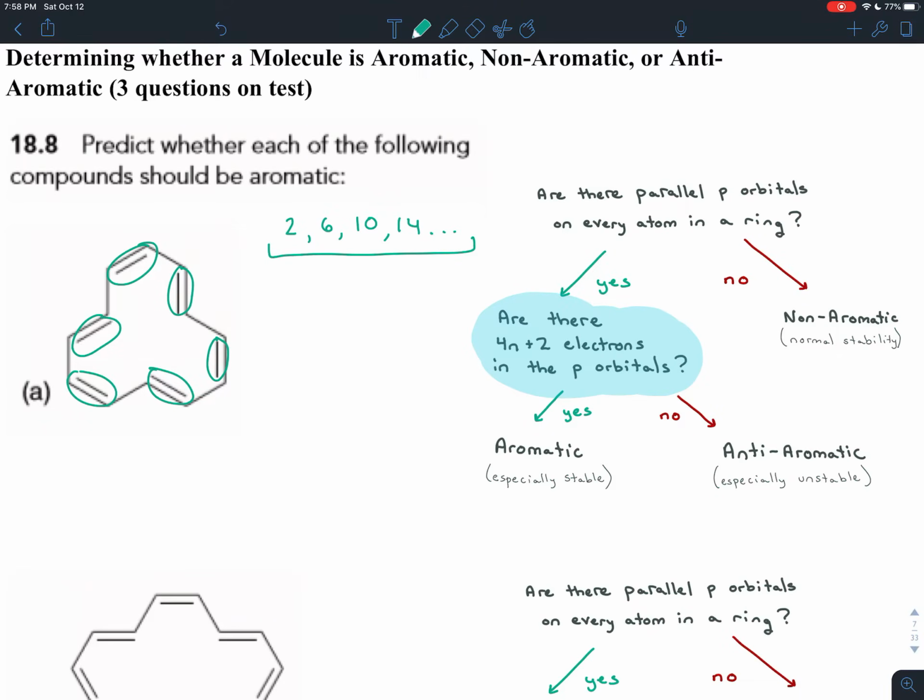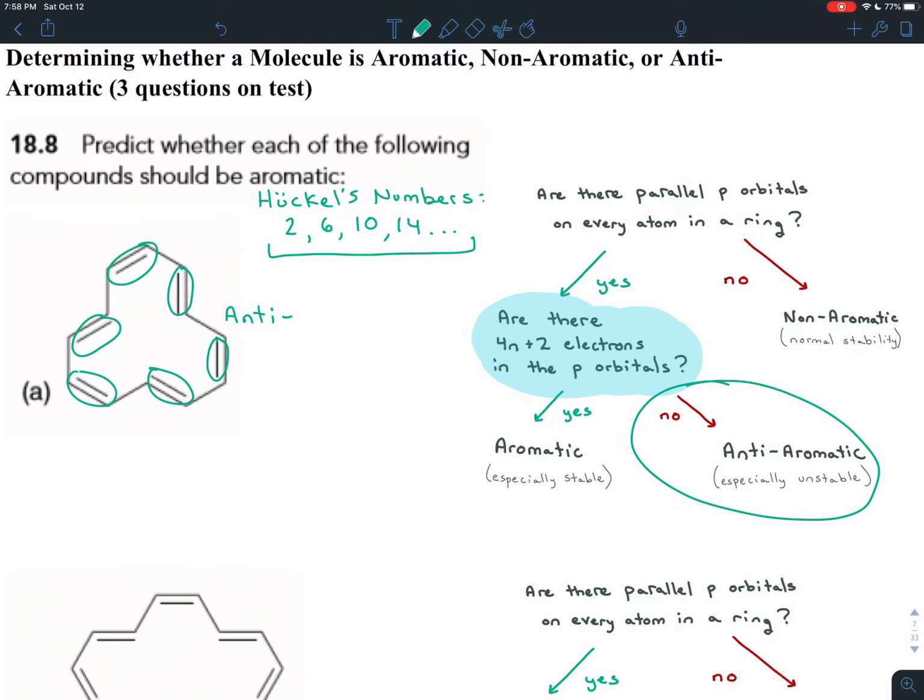That is not one of these 4n plus 2 numbers that are called Huckel's numbers. So we don't have a Huckel's number of pi electrons, and so this molecule is going to be anti-aromatic. It would be especially unstable.